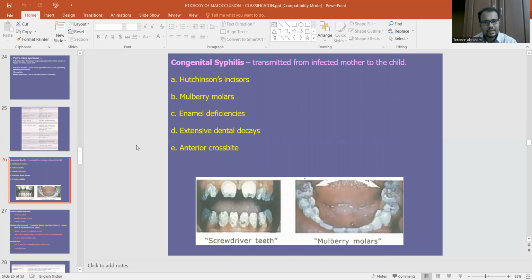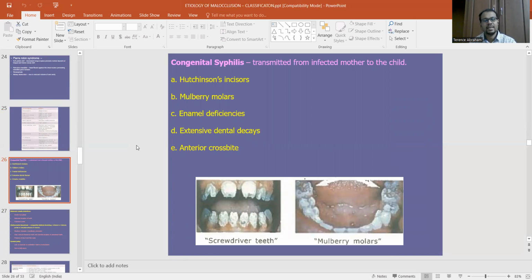Coming to certain infectious diseases which can cause malocclusion, such as congenital syphilis, which is transmitted from mother to the child. There are various manifestations in congenital syphilis. You can see screwdriver shaped incisors, that is Hutchinson's incisors, mulberry molars, enamel hypoplasia, dental decay, and anterior open bite.